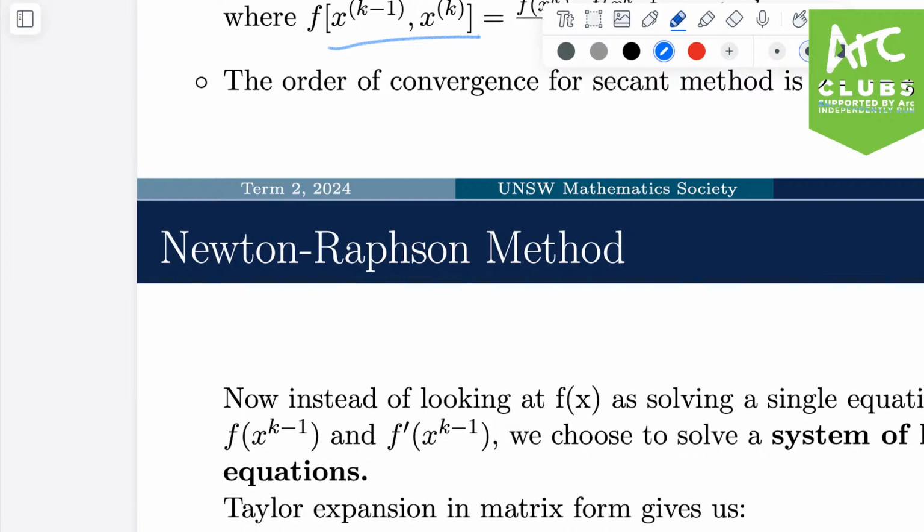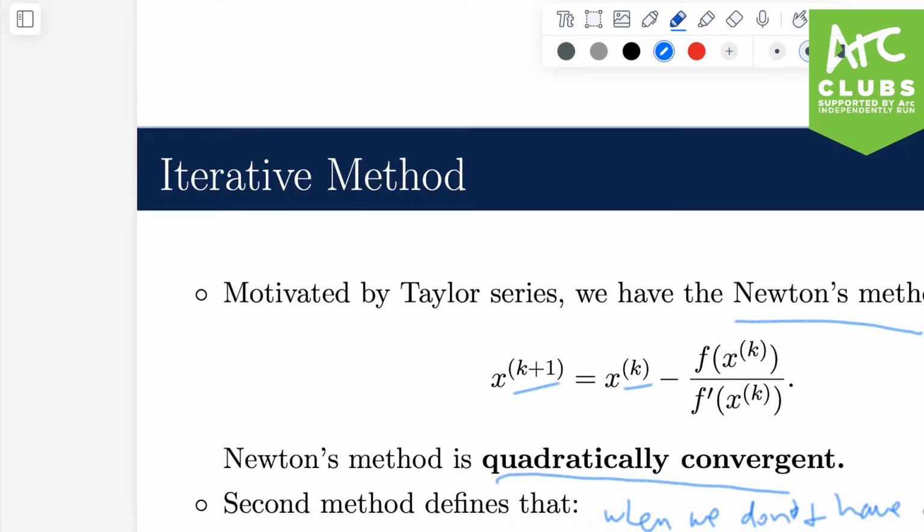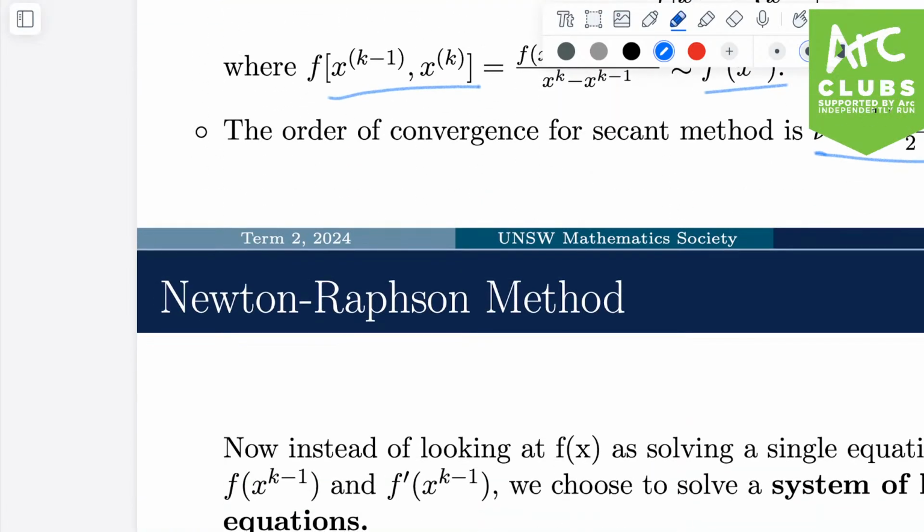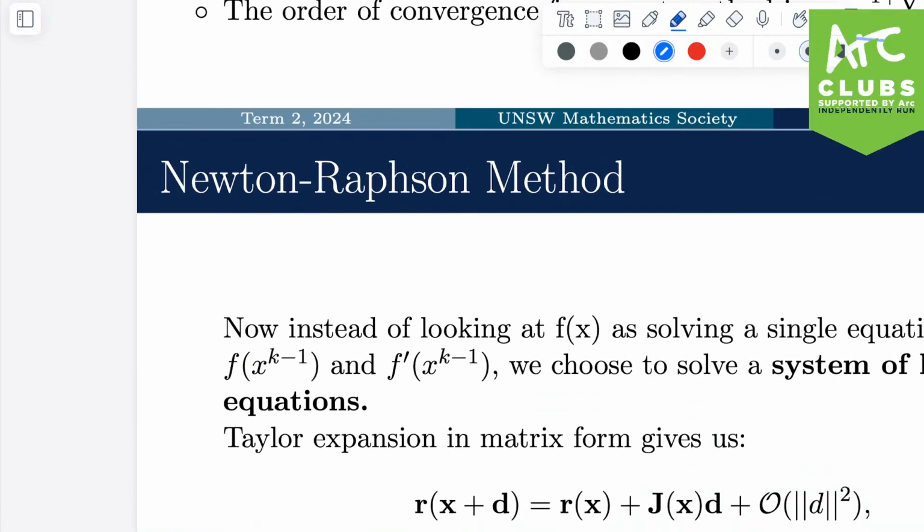So I guess Newton-Raphson is just a generalization of Newton's method. Instead of solving one equation, we're solving a system of equations, and our error is going to be the distance, d squared, right?